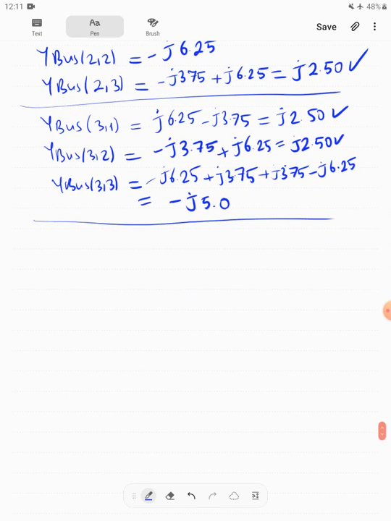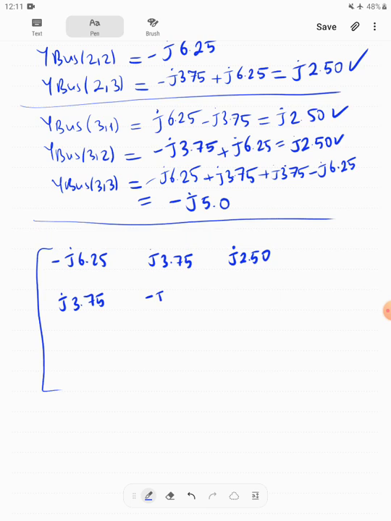Okay, let me write them in matrix form. Ybus is written here: minus j6.25, j3.75, j2.50; j3.75, minus j6.25, j2.50; j2.50, j2.50, and finally minus j5.